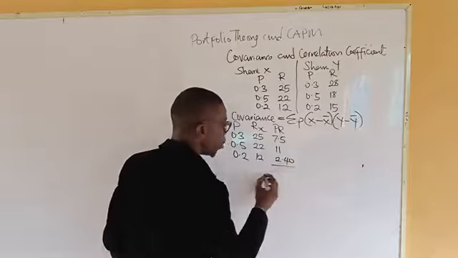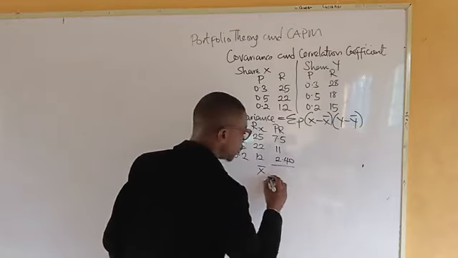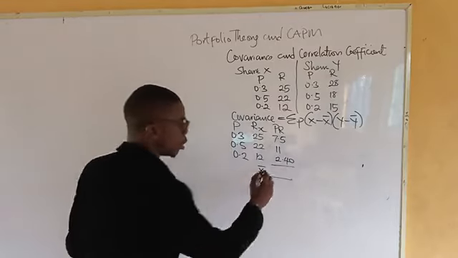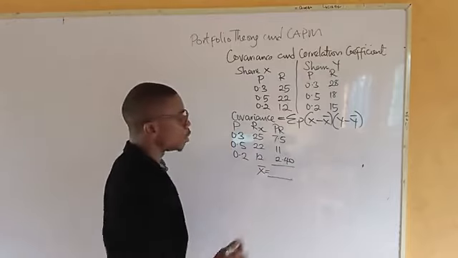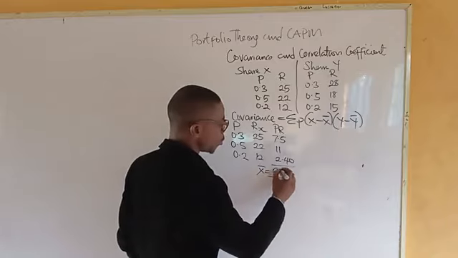So to get our x bar, the expected value, we'll add it together, that means summation of this. So let's add: 20.9.